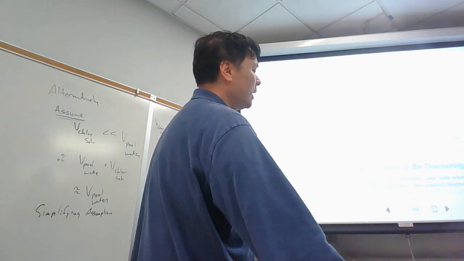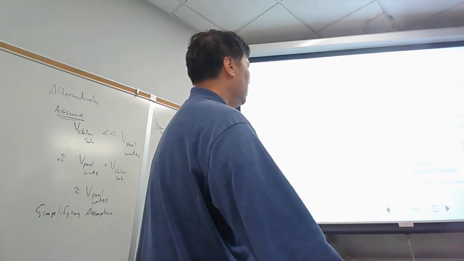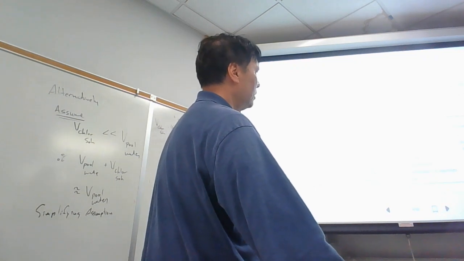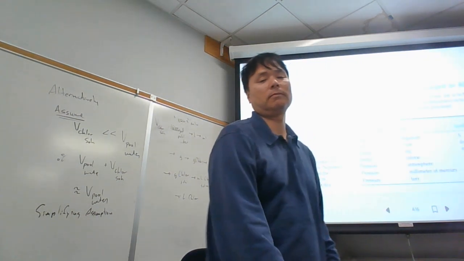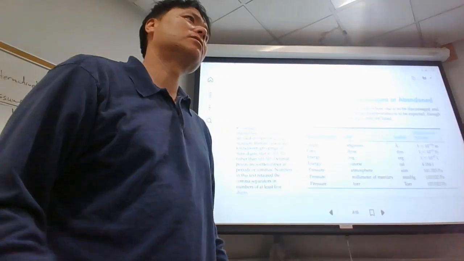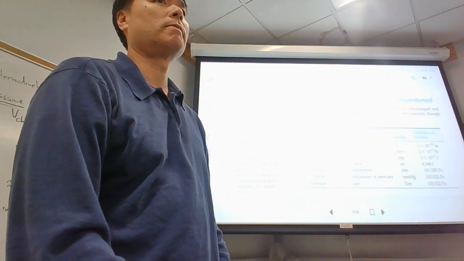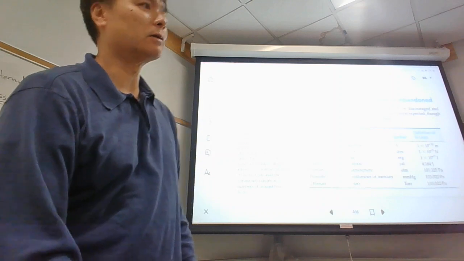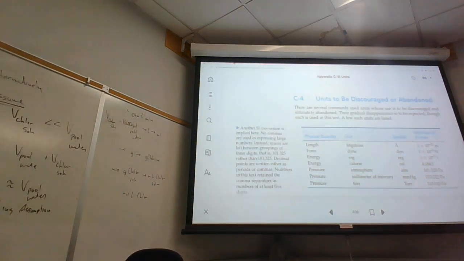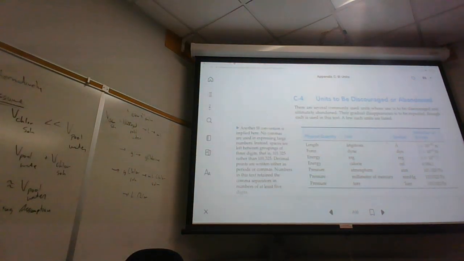Units to be discouraged or abandoned. What units don't they like? The angstrom they don't like. You know what's replacing the angstrom? The picometer. So let's say the diameter of the atom were 2.45 angstroms. You know why they don't like it? They don't like it because the decimal point takes up one extra character.